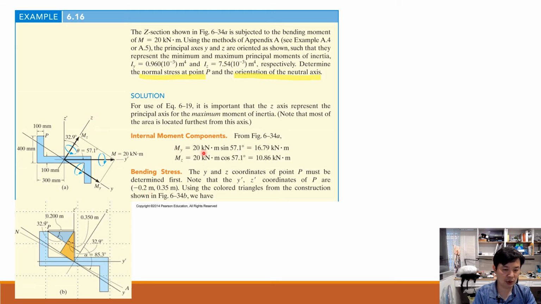This is the decomposition of the moment. After that, we need to determine the location of P. Originally, it's minus 0.2 meter and 0.35 meter over here, based on the original axes y prime and z prime. This is the location of P.